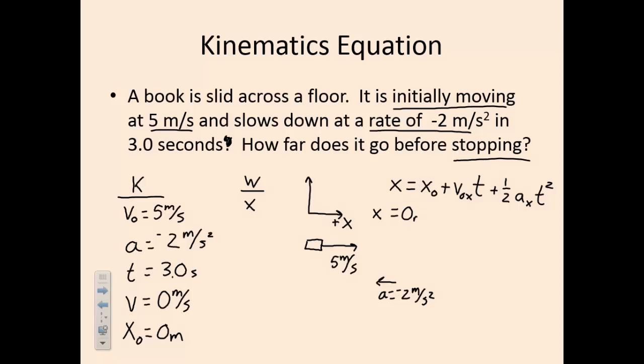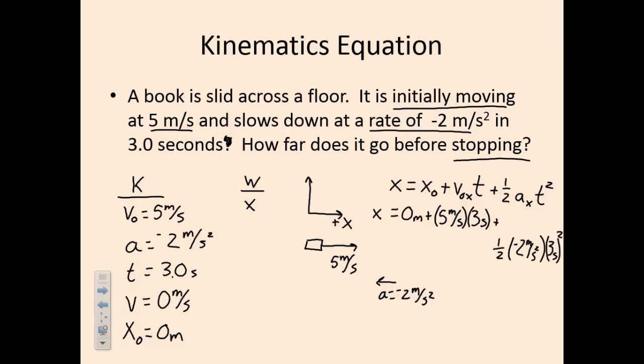Vox, the original velocity, is 5 meters per second, times a time of 3 seconds, plus, and I'm going to move down here so I have some more room, 1/2 times the acceleration, which is -2 meters per second squared, times the time, which is 3 seconds, and that says square the entire thing.